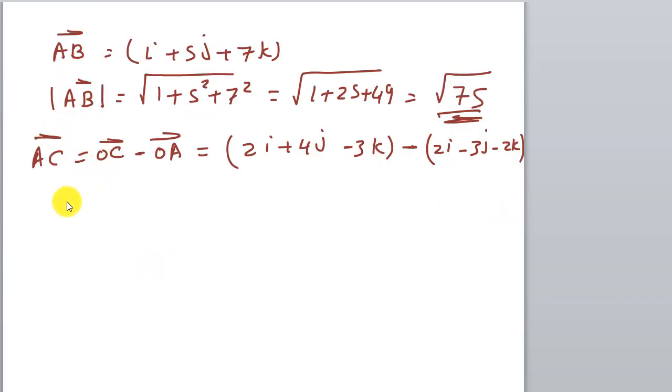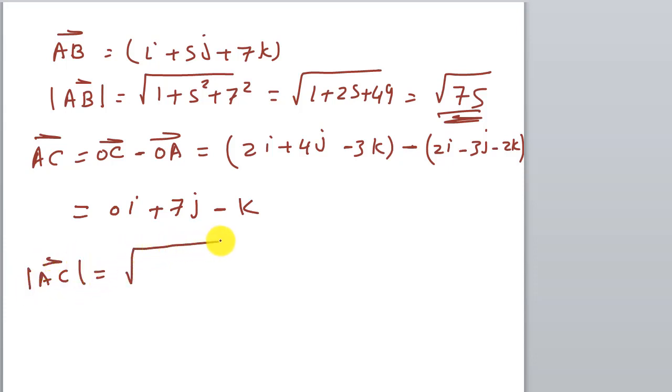So AC is equal to 0i plus 4 plus 3, so 7j, minus, plus 2, so minus k. So now the determinant of AC is equal to square root of 49 plus 1, so square root of 50.